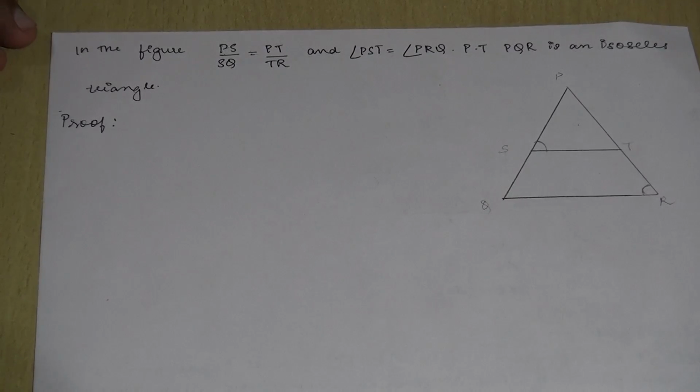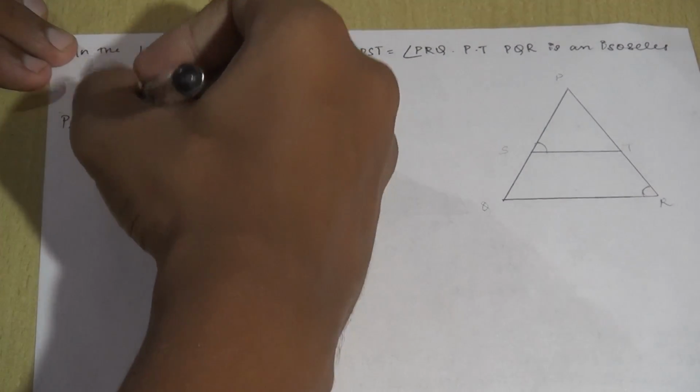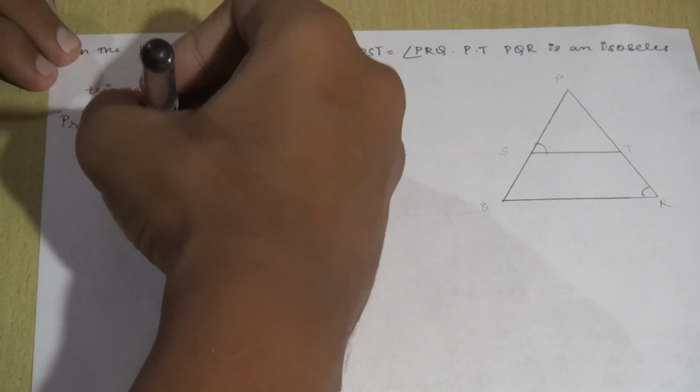In the figure, triangle PQR, PS by SQ is equal to PT by TR and angle PST is equal to angle PQR. Prove that PQR is an isosceles triangle. Proof. It is given that PS by SQ is equal to PT by TR.